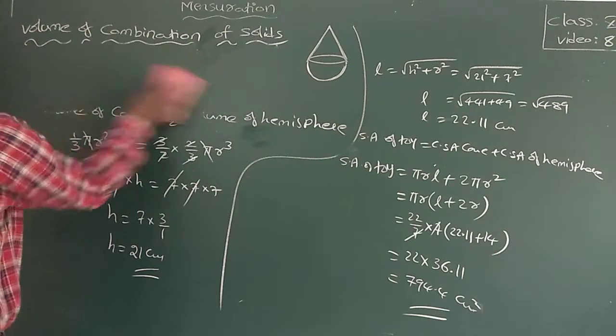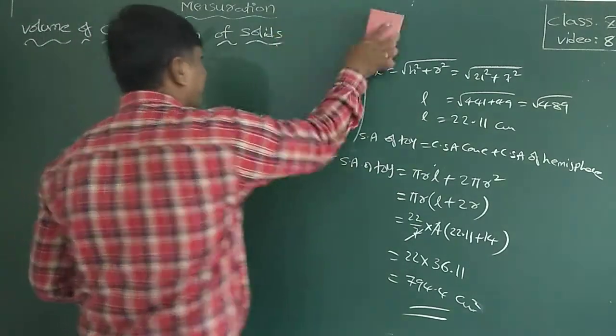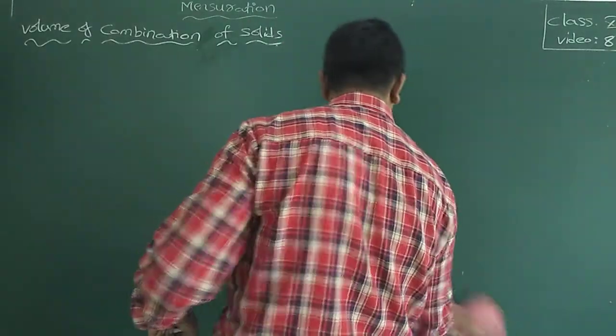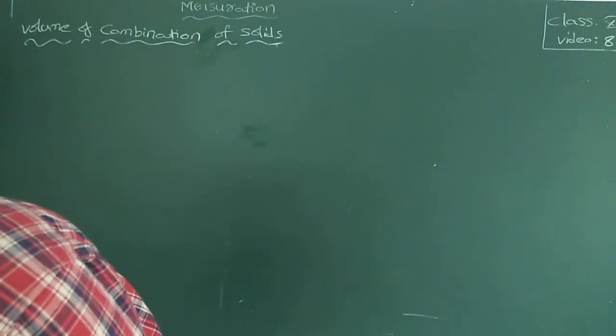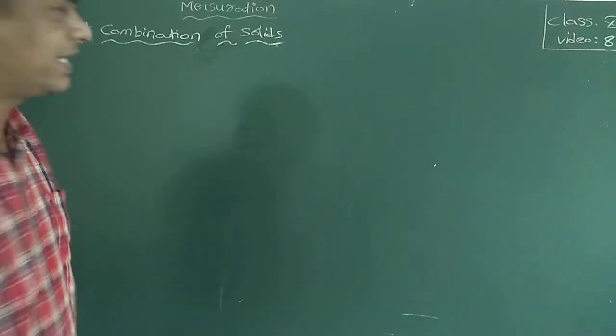Okay, the next question, the third one. Find the volume of the largest circular cone that can be cut out of a cube whose edge is 7 centimeters.